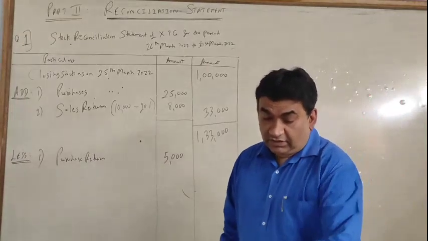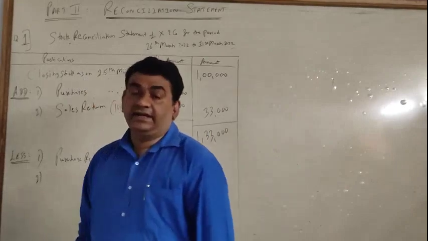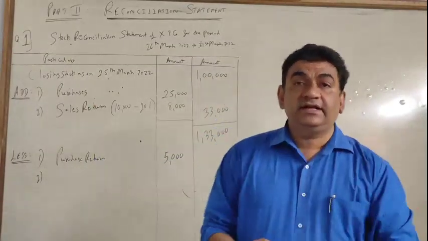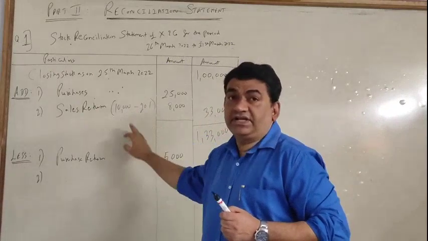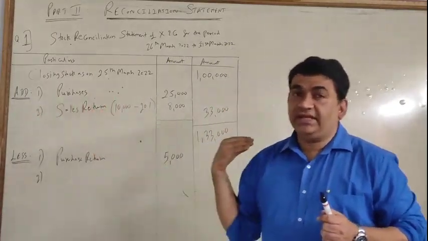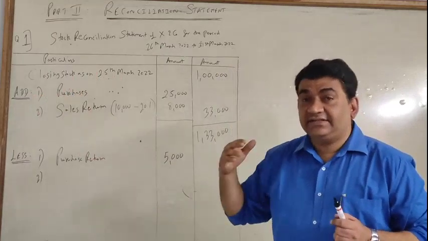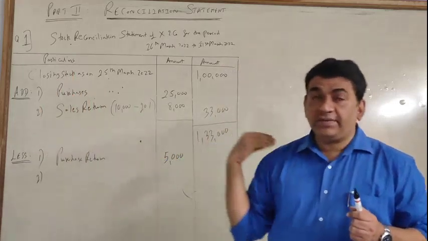Clear? Now what is pending? Sales. Second, sales. Why will we deduct? Understand, again I am repeating. What did I add? Purchase and sales return. Because when I purchase, goods are coming in. Sales return, goods are coming in.